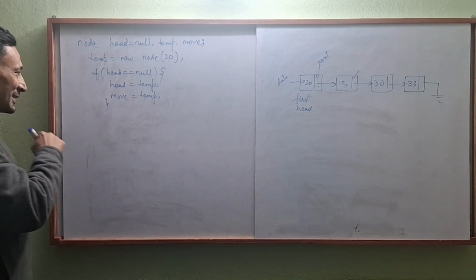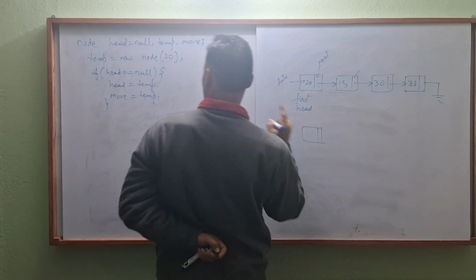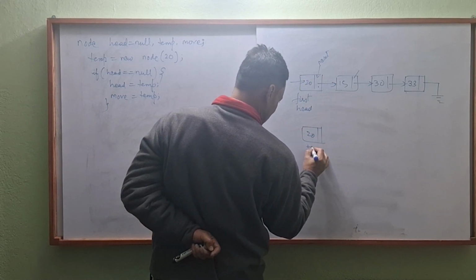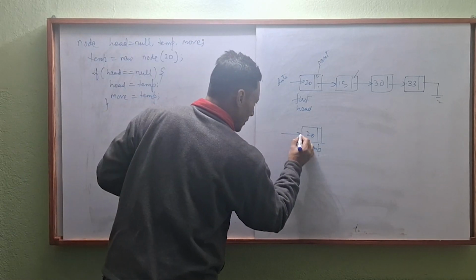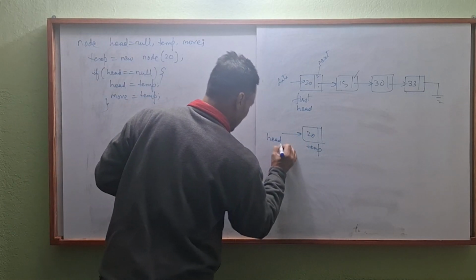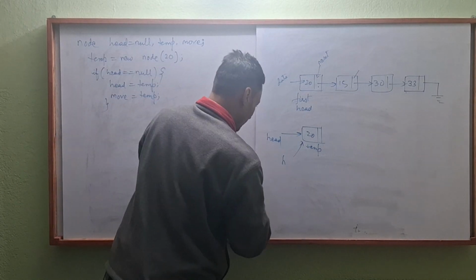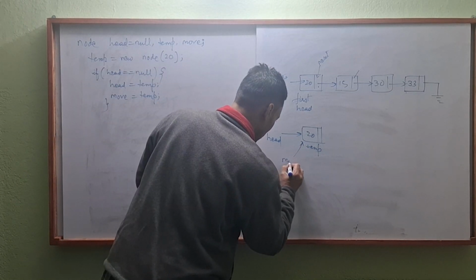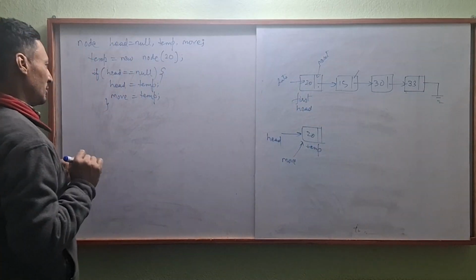So initially, this is the first node, we are having 20. This is temp. As you assign temp to the head, head will also point to this one, move will also point to this one. All three objects are pointing to the same memory location, okay.